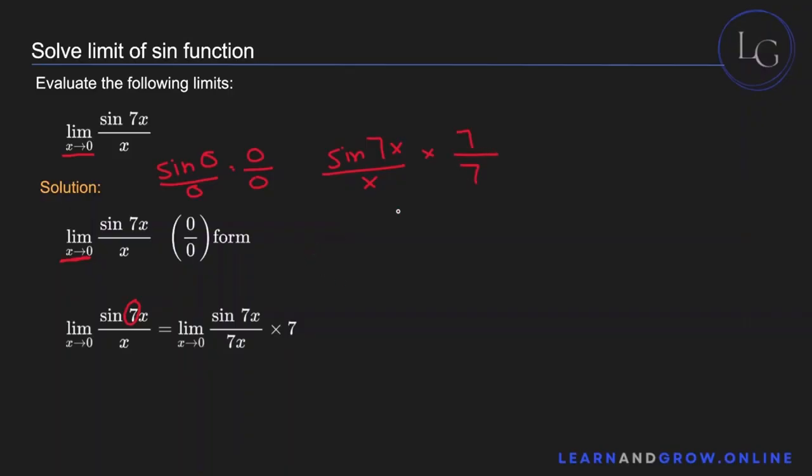And since this is equal to 1, it does not change the actual value of the function itself. But this is needed for simplification, because now if you apply the limit as x approaches 0, you get 1 into 7. And so now you can find the true limit of this function, which is 7.